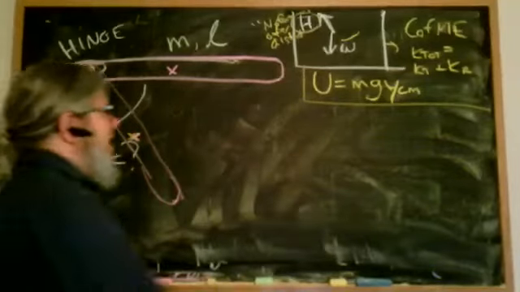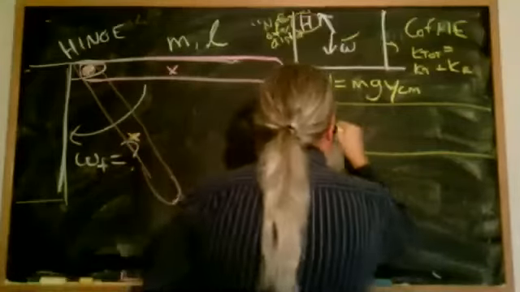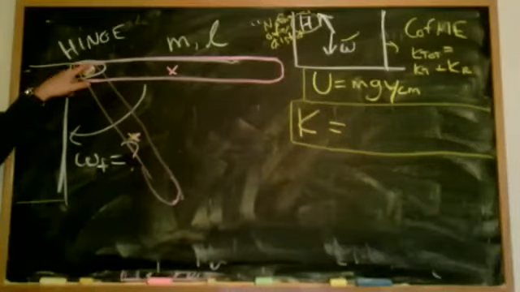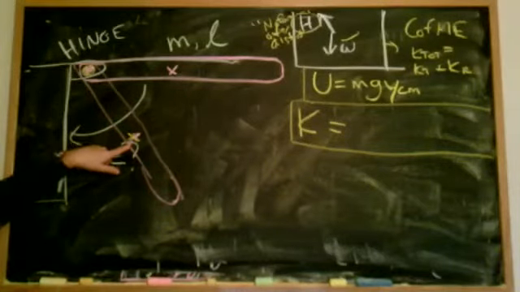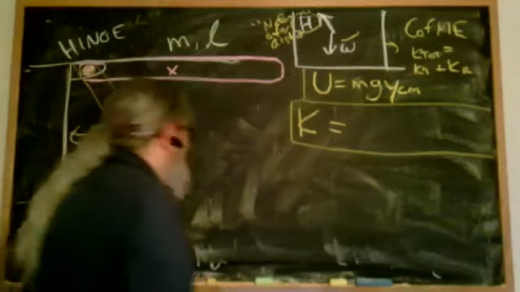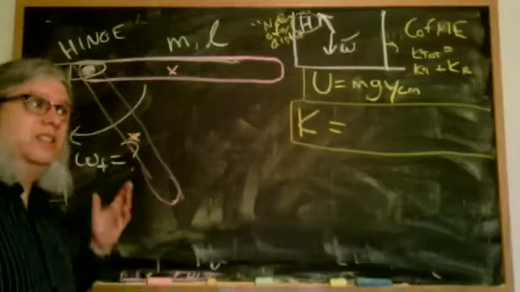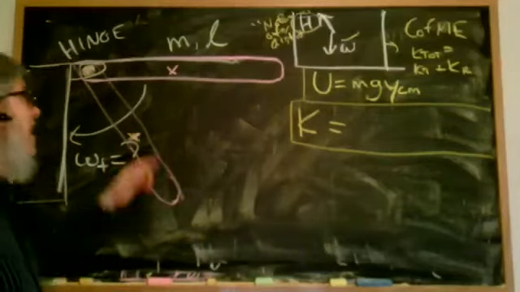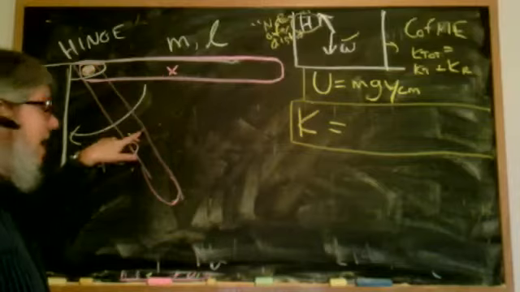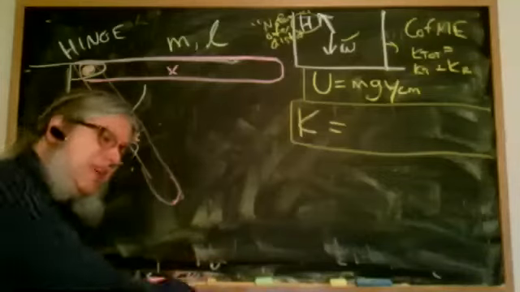What about kinetic energy? Well, in principle, the kinetic energy is equal to the translational kinetic energy plus the rotational kinetic energy. And one option you have, it's an option, is that you can treat it just like we treated the sphere rolling down the ramp, which is to say we consider the translational motion of the center of mass, and then we add to it the rotational motion as the ball rolls down the hill.